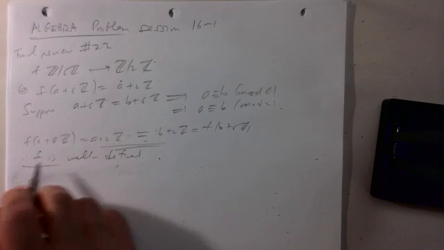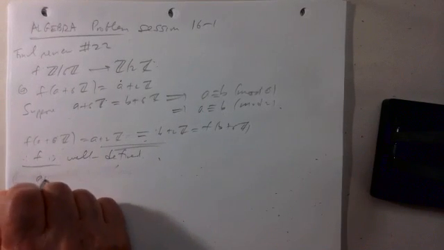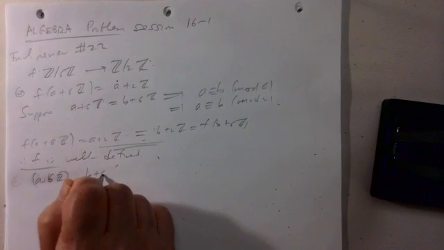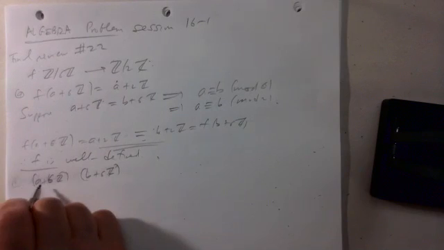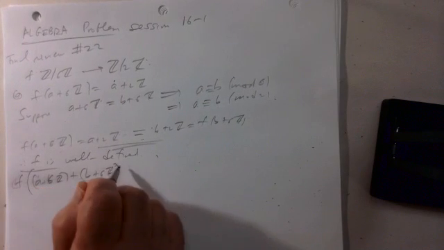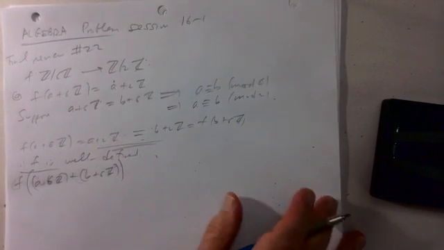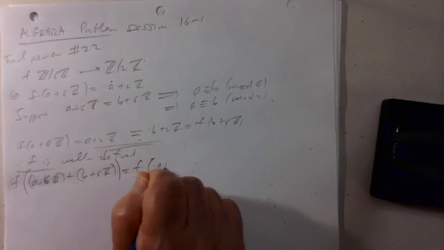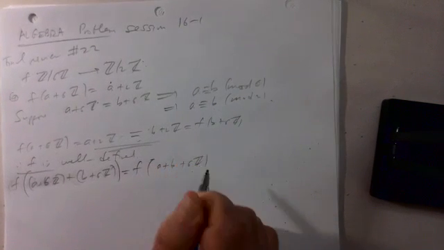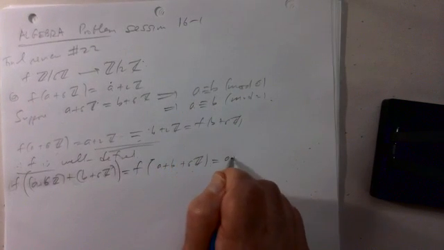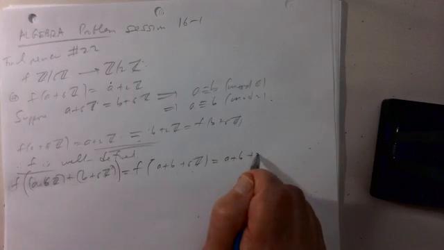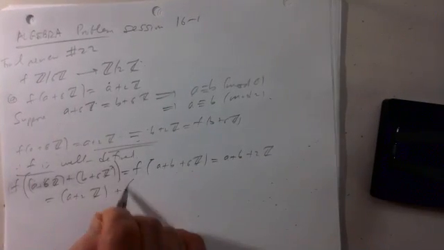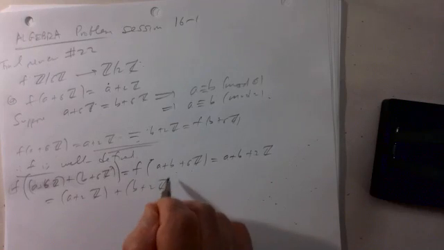So if we take two congruence classes, a plus 6Z and b plus 6Z, I have to show that f of the sum is the sum of f of each of them. But of course, this is the congruence class a plus b plus 6Z, which is equal to the congruence class a plus b plus 2Z, which is a plus 2Z plus b plus 2Z.